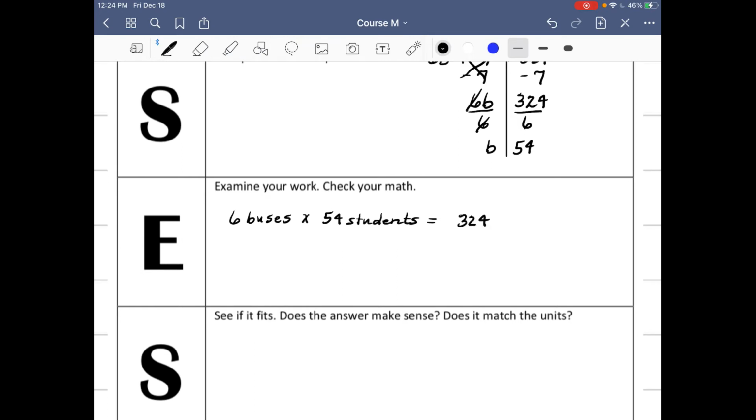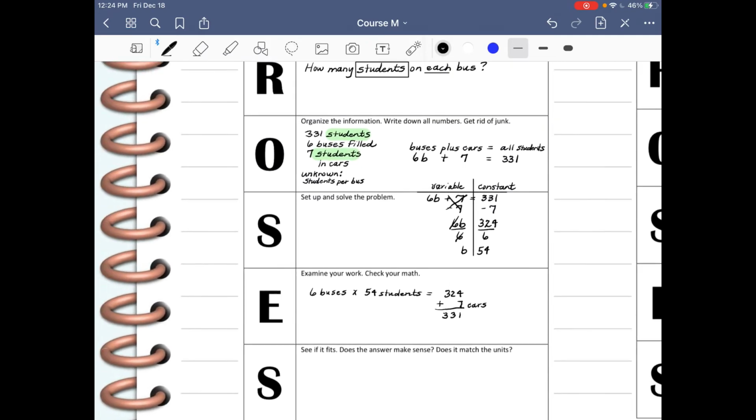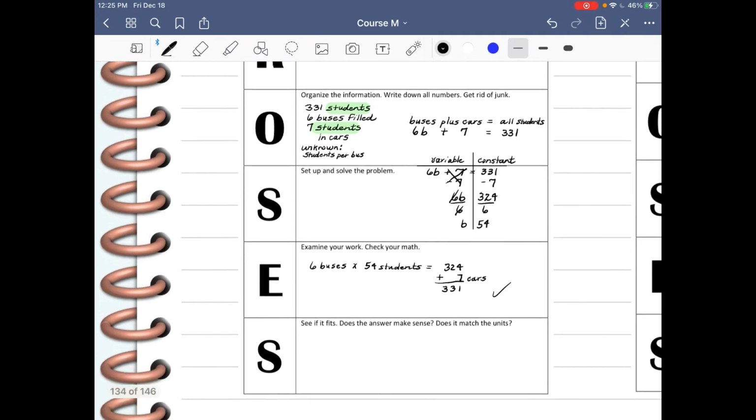That's 324 plus 7 that went in cars. Does that match up? It sure does. The 331 that we started with. So we can say that that work is correct.